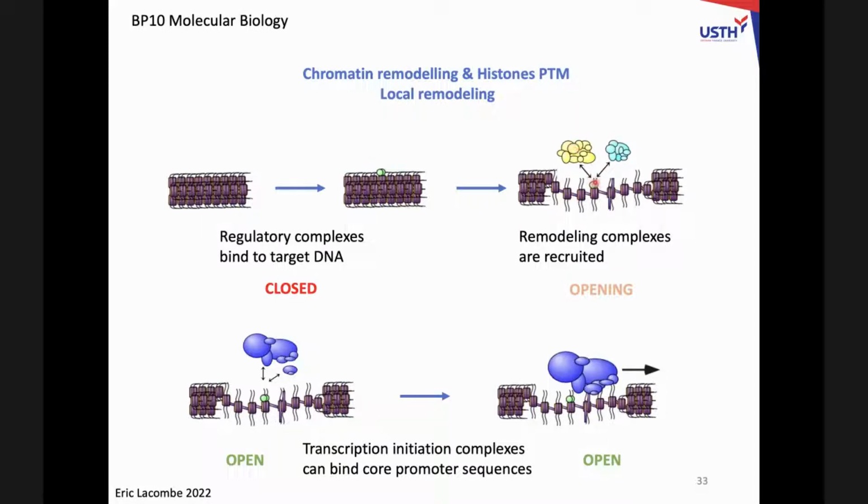For example, it can interact with histone acetyltransferase or histone demethylase, writer complexes that are going to change the post-translational modification of the histone tails at this locus only.